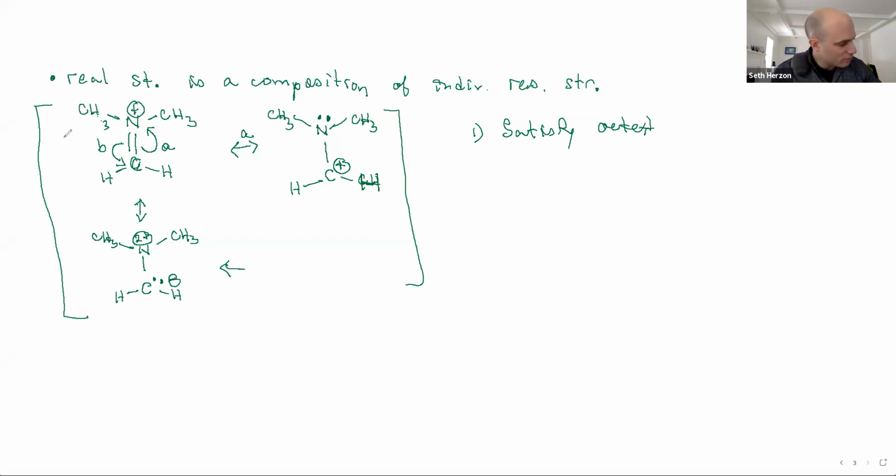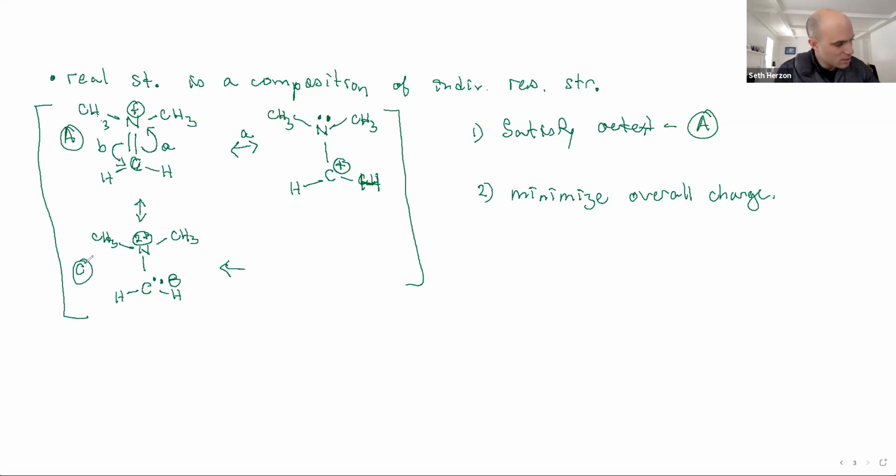If I assign a letter to the structures, it is structure A that has an octet around both carbon and nitrogen, okay? The second criteria is that we want to minimize overall charge. Okay, and we'll call this one on the bottom here C.